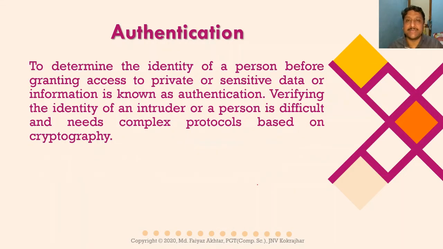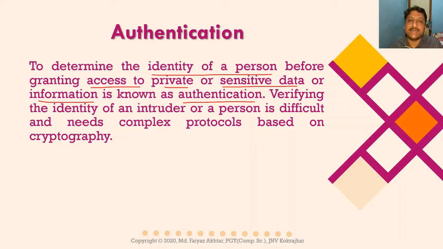Next is authentication. To determine the identity of a person before granting access to private or sensitive data or information is known as authentication. Suppose you created your email account, then whenever you want to see the details of your emails, you have to provide some information which will identify you as the authorized person.